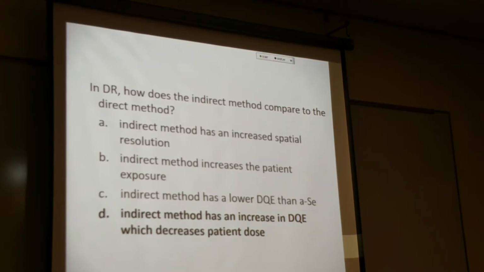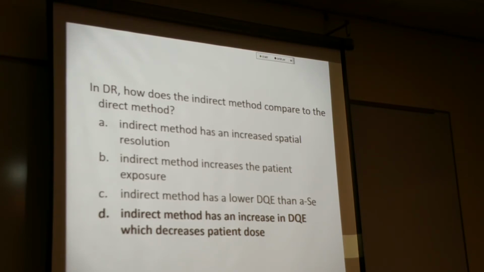What does DQE mean? You've got to remember this. Detective quantum efficiency is kind of a weird name, but it just means that material or that screen or that image receptor is more sensitive to X-rays. So the indirect method does have an increased sensitivity because of the cesium iodide phosphor.